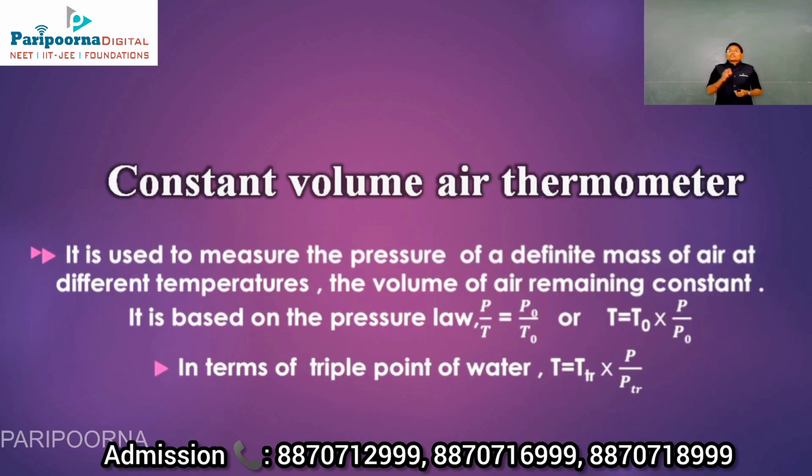Now, here comes the constant volume air thermometer. It is used to measure the pressure of a definite mass of air at different temperatures, while the volume of the air remains constant. Therefore, it is based on the pressure law: P divided by T is equal to P naught by T naught, or we can write T equal to T naught into P by P naught.